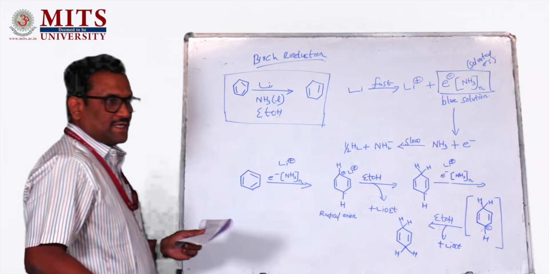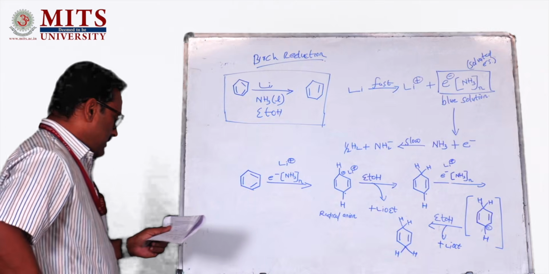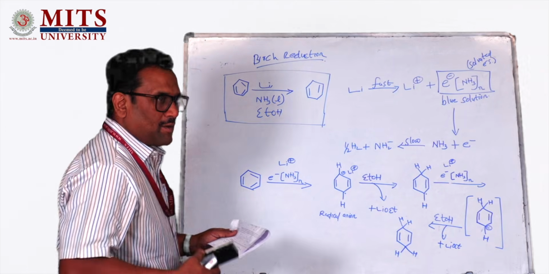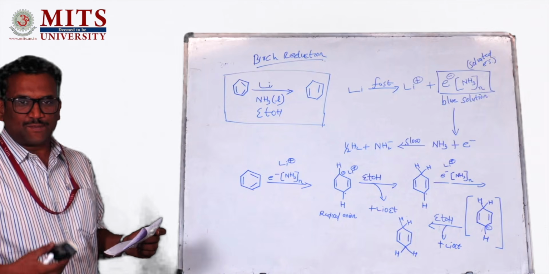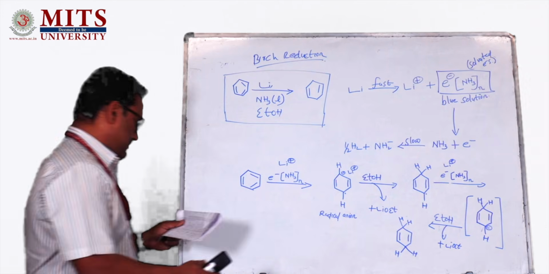Now I'm going to talk about what happens if an electron withdrawing or electron donating substituent is present on the ring.